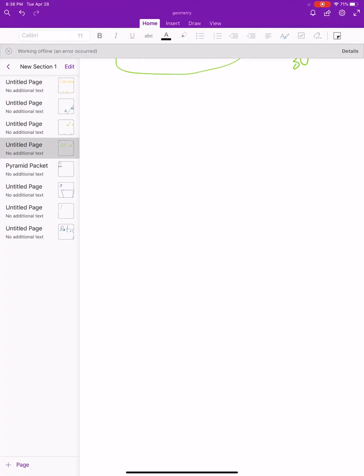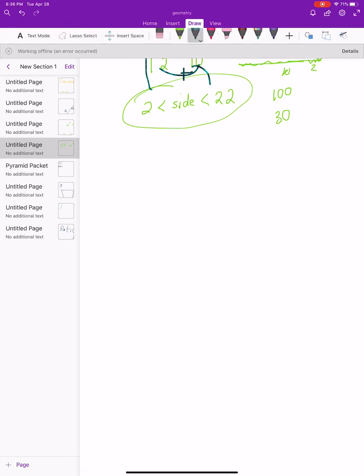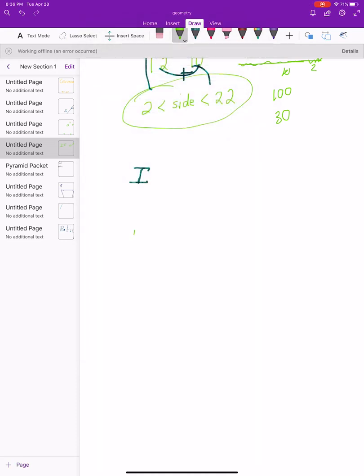So, the largest side in a triangle, okay, oh my goodness, in a triangle, I don't want to write in this, sorry folks, we don't want that. In a triangle, the largest side is opposite the largest angle.